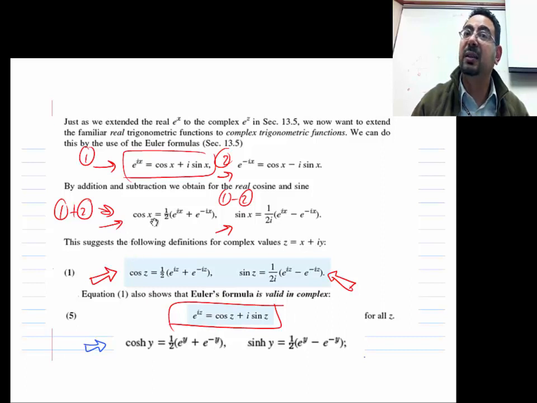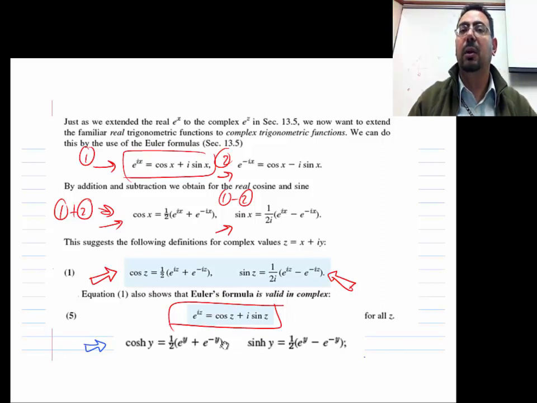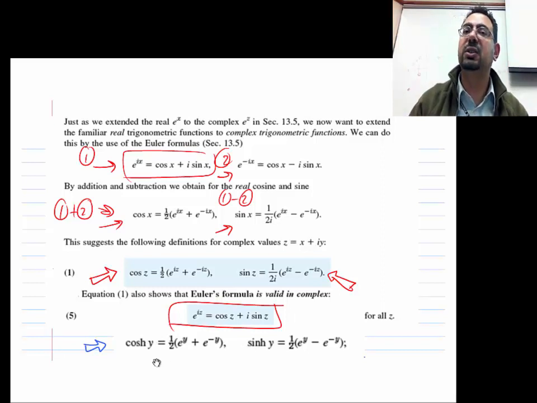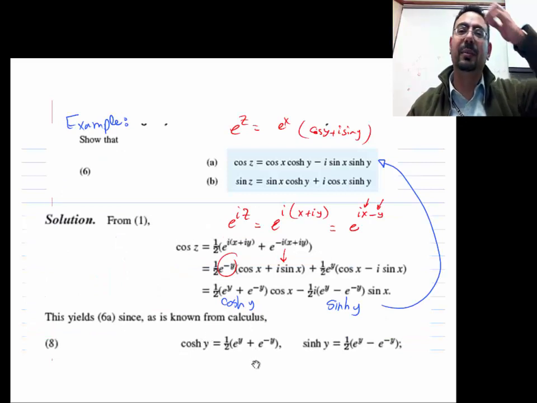But the cosine 7 is half e to the power i7 plus e to the power minus i7. So the sine and cosine, they actually have the imaginary i in the exponent, but the cosine and the sine, they are actually just real numbers. Okay. What we care about is the cosine z, the complex number, not just cosine y, but also cosine z. Right?